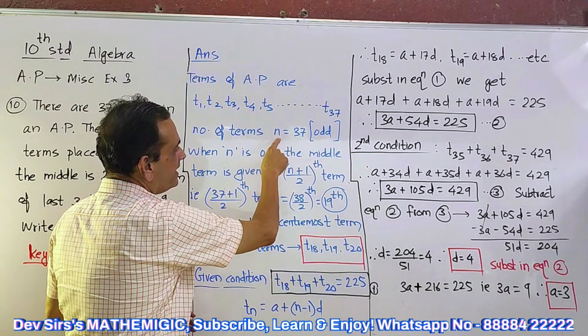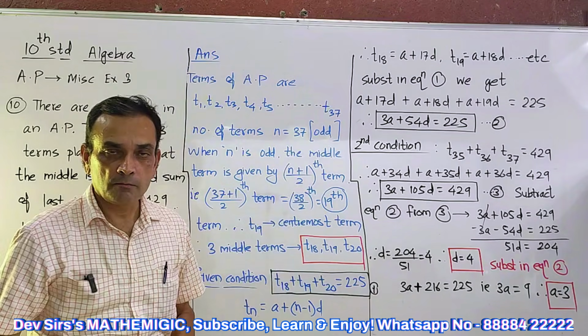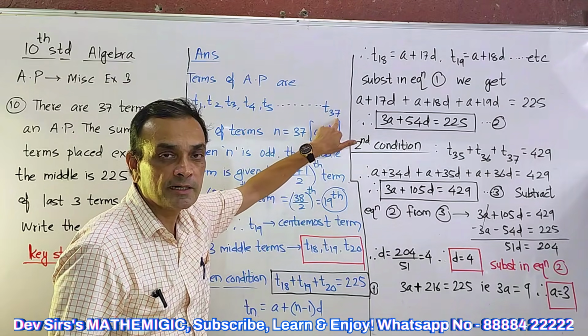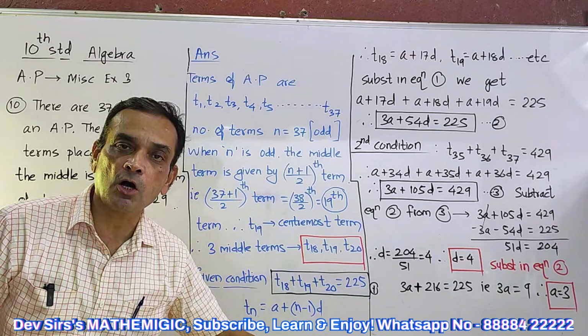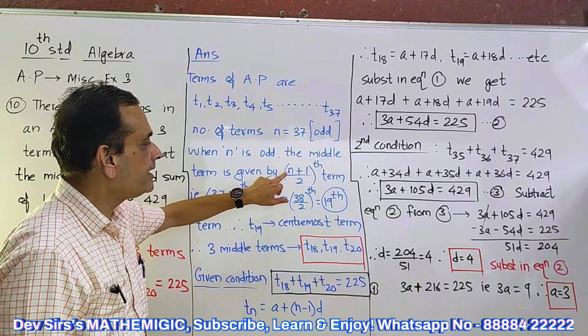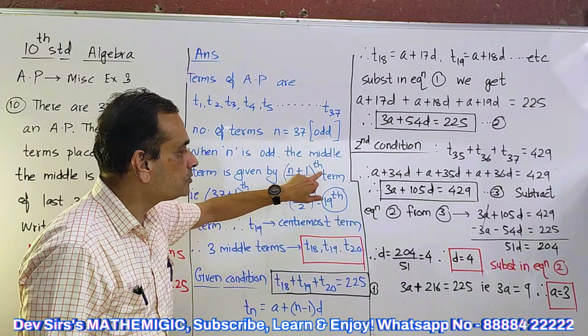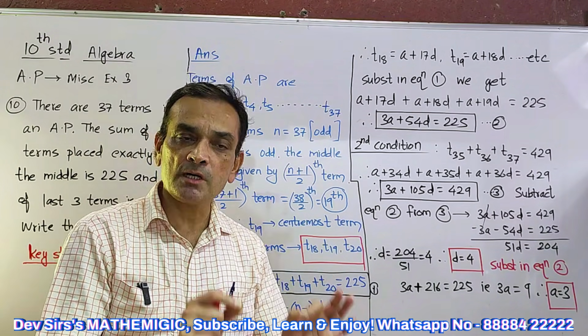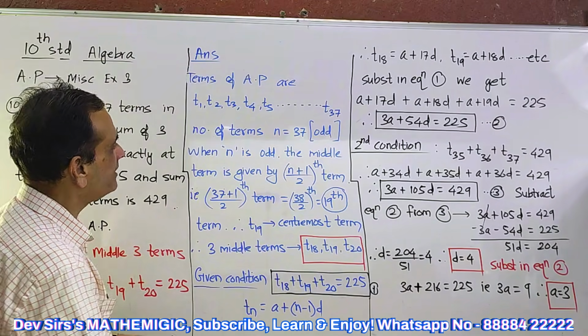If the number of terms n equal to 37 is odd, 37 is an odd number, then the middle term is given by n plus 1 upon 2th term. N plus 1 divided by 2. That will give you the centermost term.